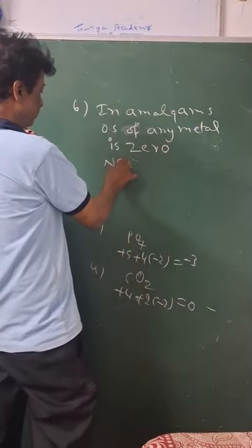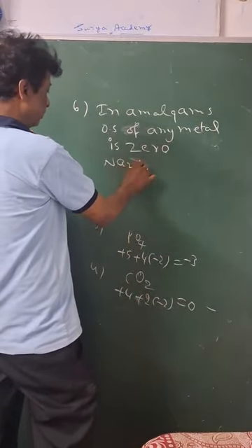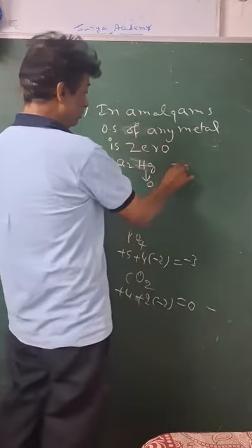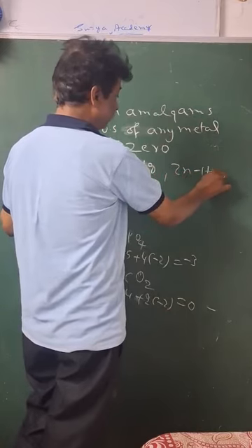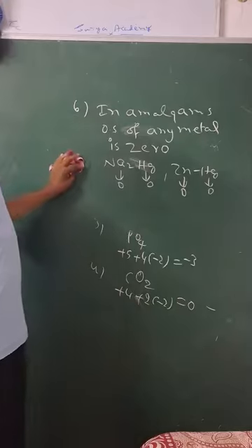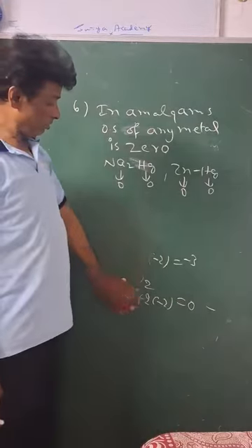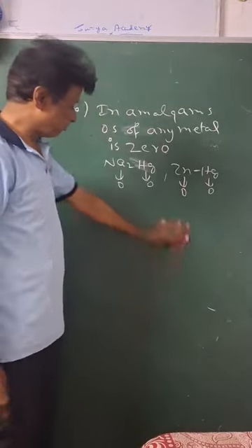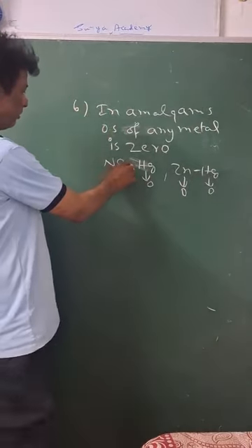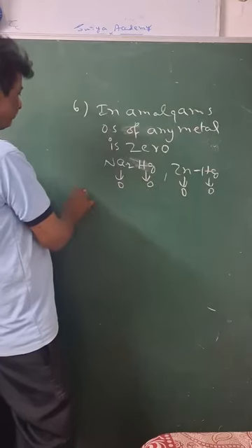Then Na2Hg: 0, 0. Zinc amalgam: 0, 0. Metal plus mercury is amalgam.